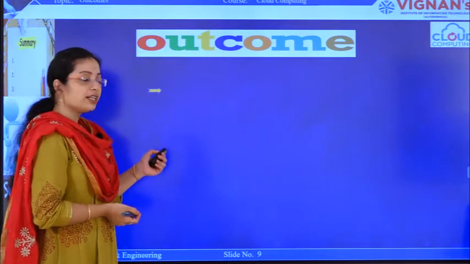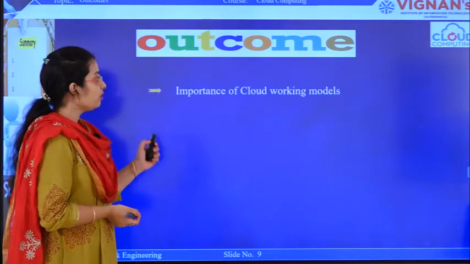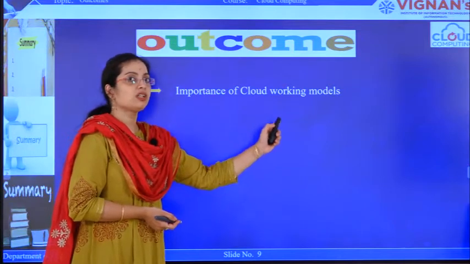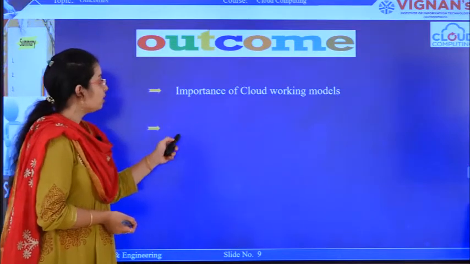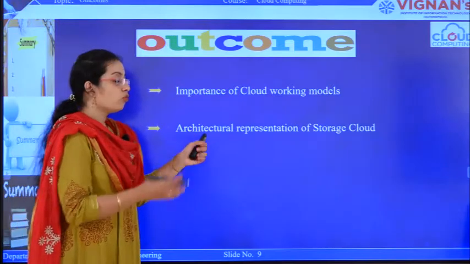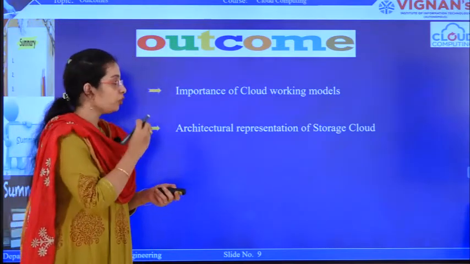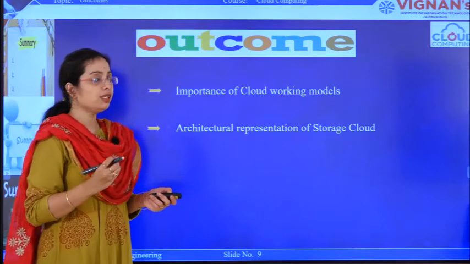By learning this unit, we are going to gain knowledge about the importance of the working models available in the cloud. Later, we can know about the different architectural representations of the compute and storage cloud available here.